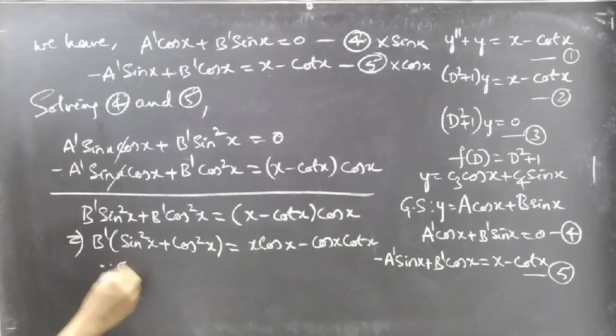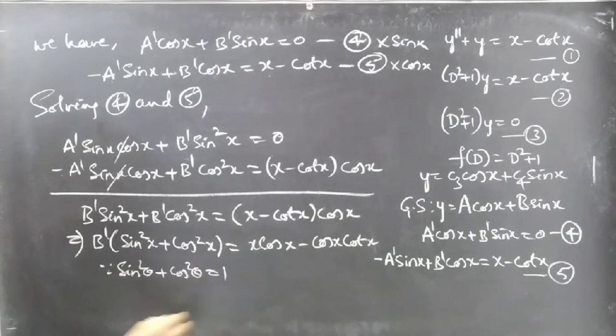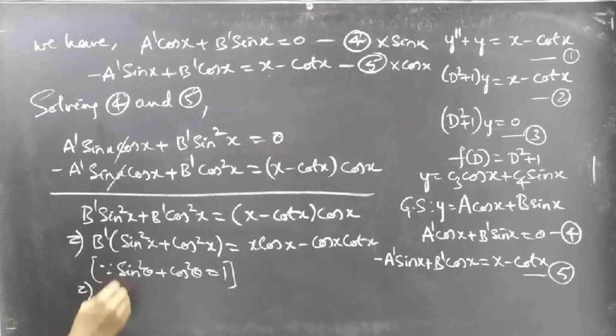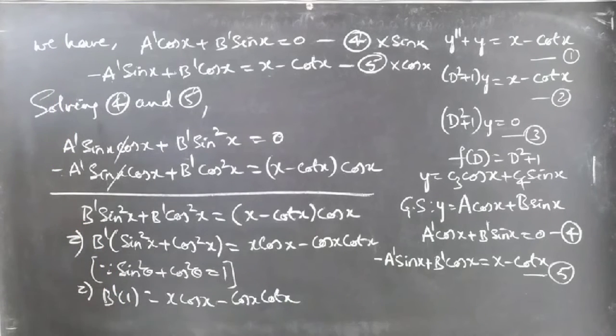Since we know that sin square theta plus cos square theta equals 1, we can replace sin square x plus cos square x by 1. We'll get b dash into 1 equal to x cos x minus cos x into cot x, that is b dash equals x cos x minus cos x cot x. So we got b dash.